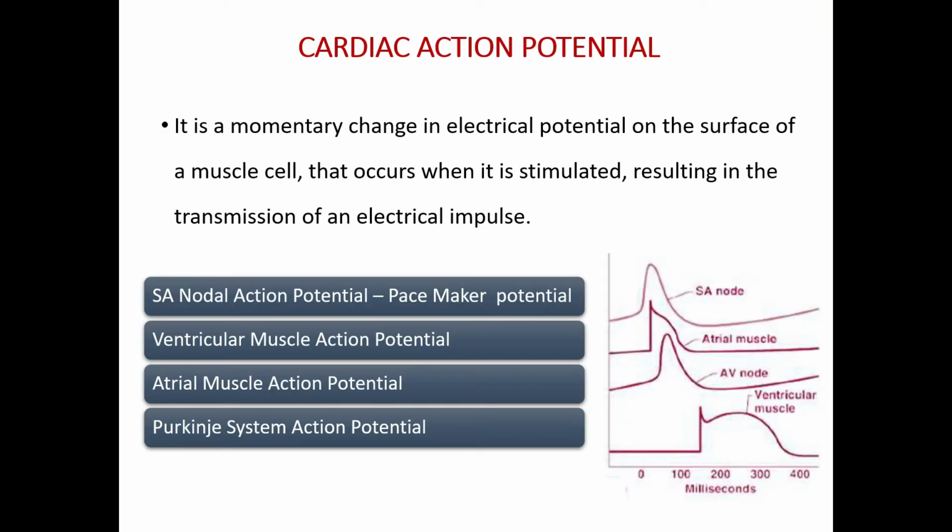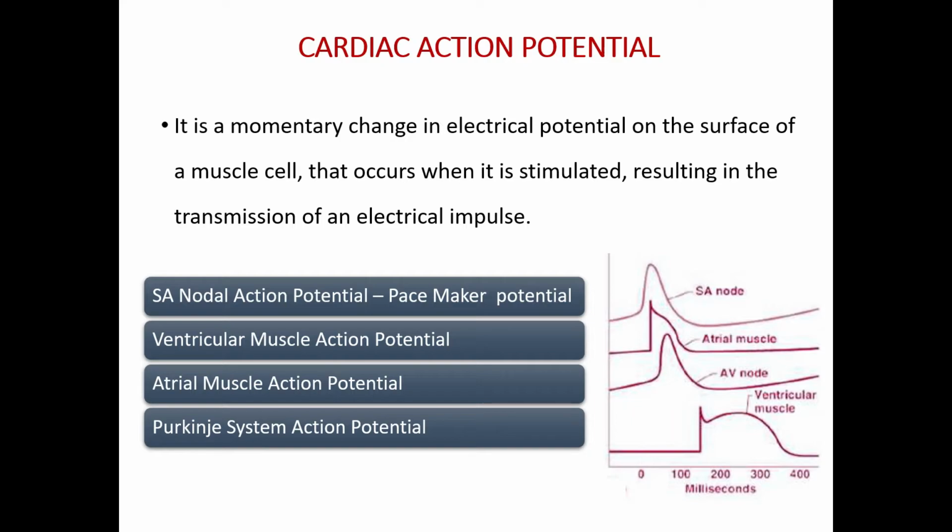Cardiac action potential is a momentary change in the electrical potential on the surface of the muscle cell. It means there are changes in the electrical potential for a very short time period, and that occurs when it is stimulated, resulting in the transmission of an electrical impulse.